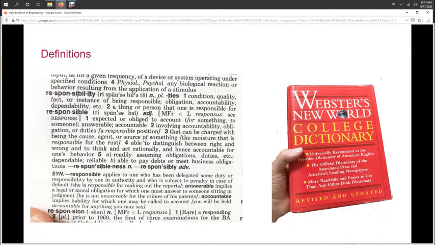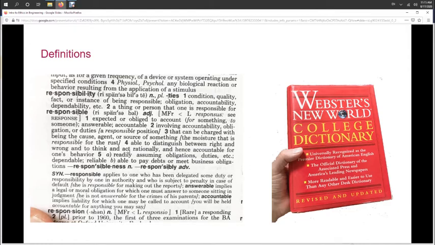It can also mean charged with being the cause, agent, or source of something, such as the moisture that is responsible for the rust. When I read this, what I noticed is that responsible can apply to a person, and it can also apply to anything else, an object, in this case moisture. So it doesn't have to be a person. A thing can also be responsible for something, according to this definition.